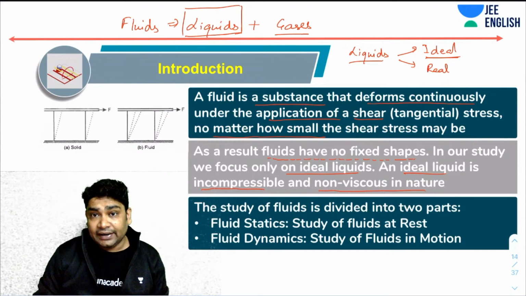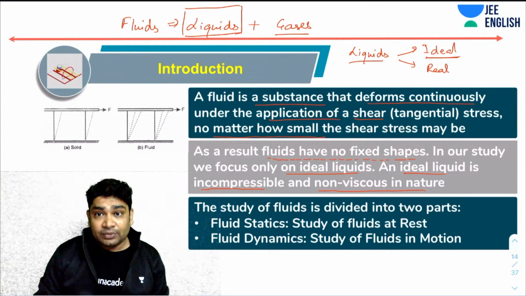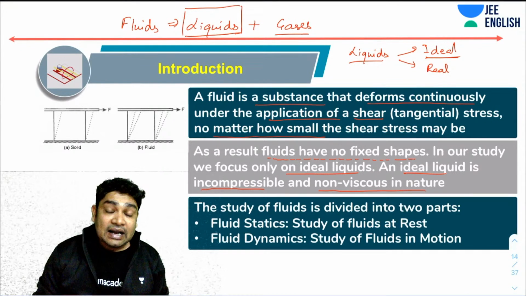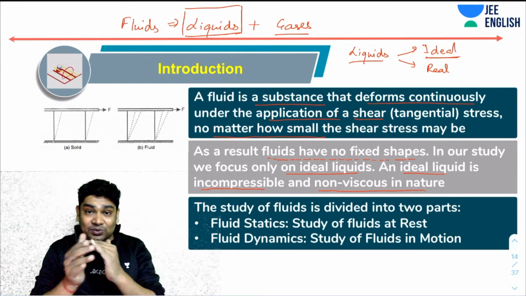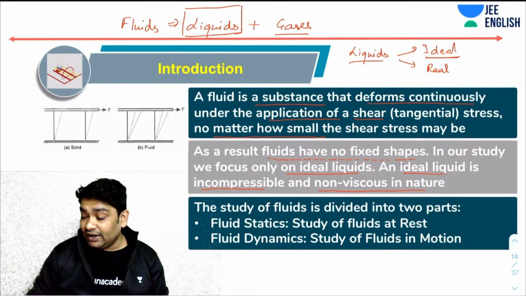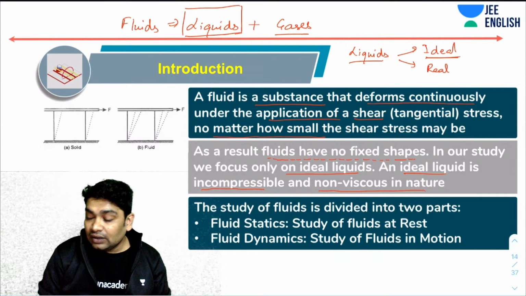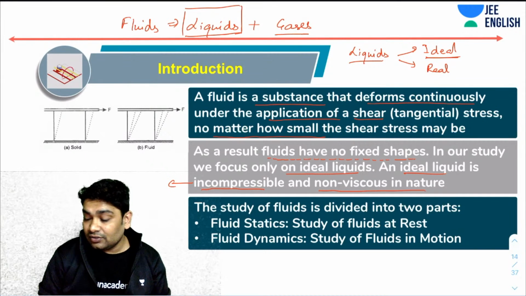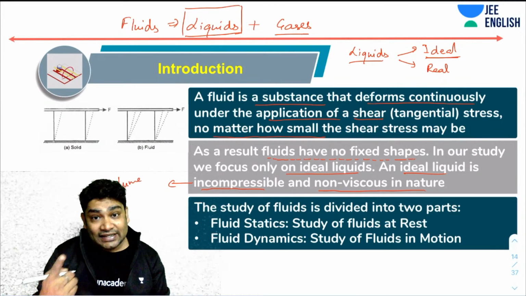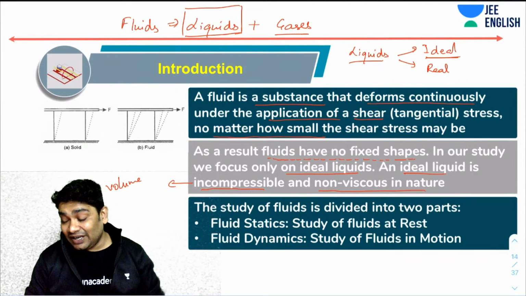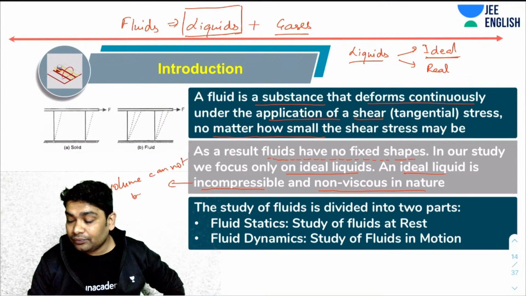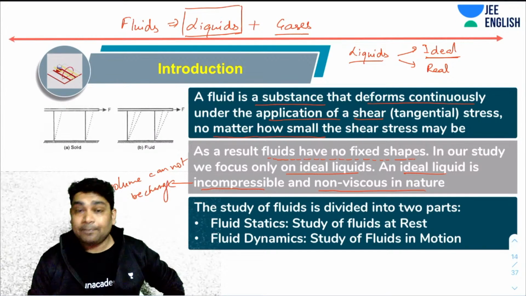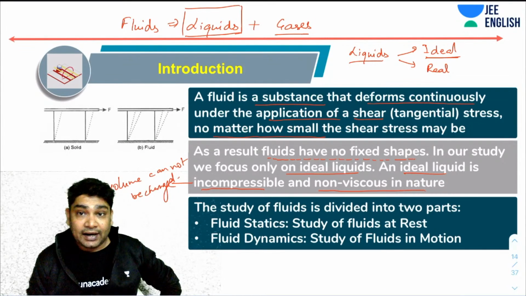We will talk about that later. And we assume that our liquids are incompressible, meaning unlike gases, their volumes cannot be changed. You can change the shape, okay, but the total volume cannot be changed for ideal liquids. So that is a property of an ideal liquid.